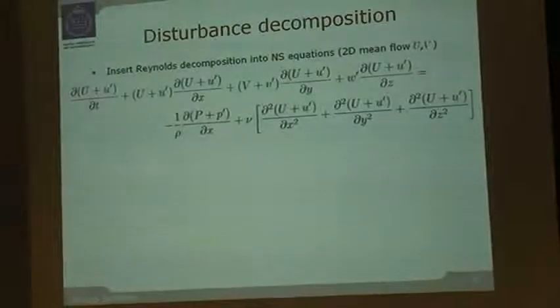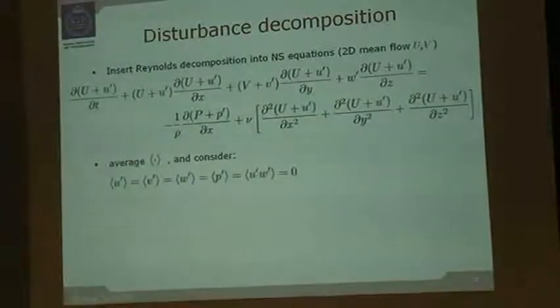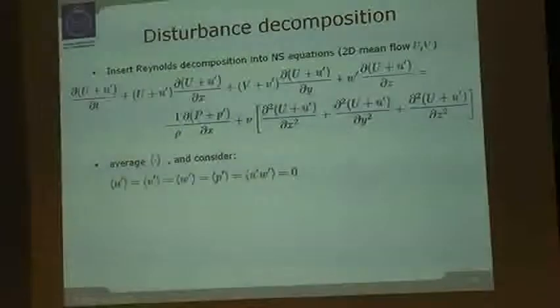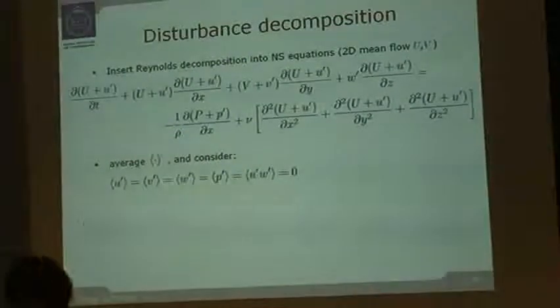Essentially, what we have to do is take the Reynolds decomposition, the decomposition of u into U plus u prime, and put it into our governing equations. We can then perform an average of these equations, assuming that the average of the fluctuation is 0, and that certain cross products of fluctuations will vanish.